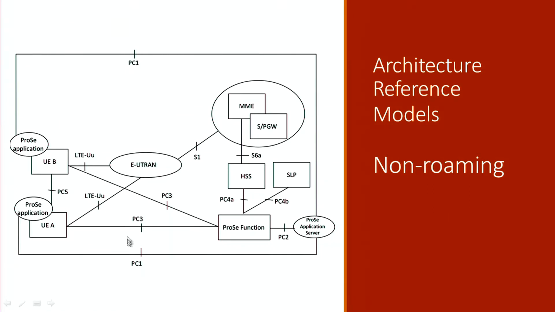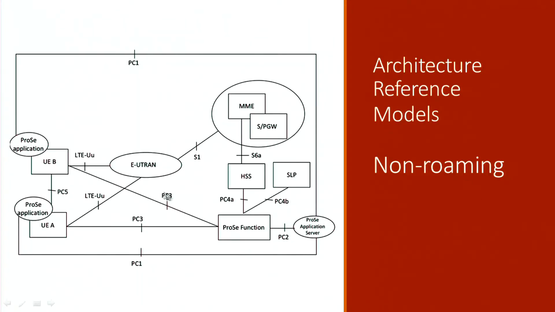When you see PC1 here, the PC1 is the interface between the ProSe application and the ProSe application server. It's a logical interface. It doesn't mean that they are directly connected, of course. It just means when the ProSe application wants to talk to the ProSe application server, then it will format its communication according to the PC1 format. PC3 is the interface between the user terminals and the ProSe function, and so on.